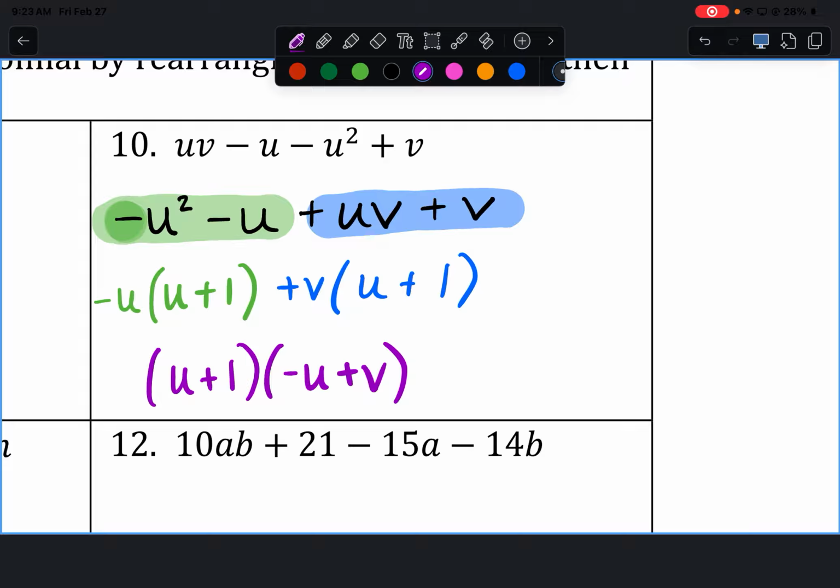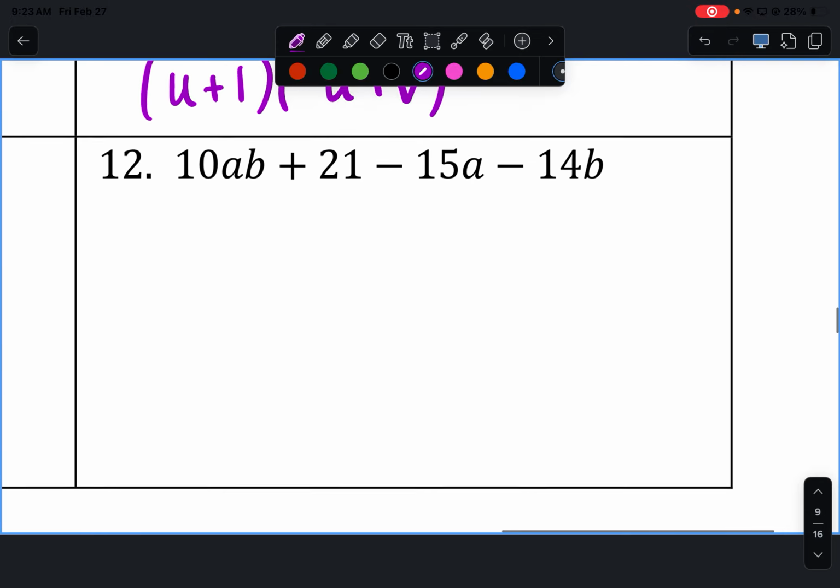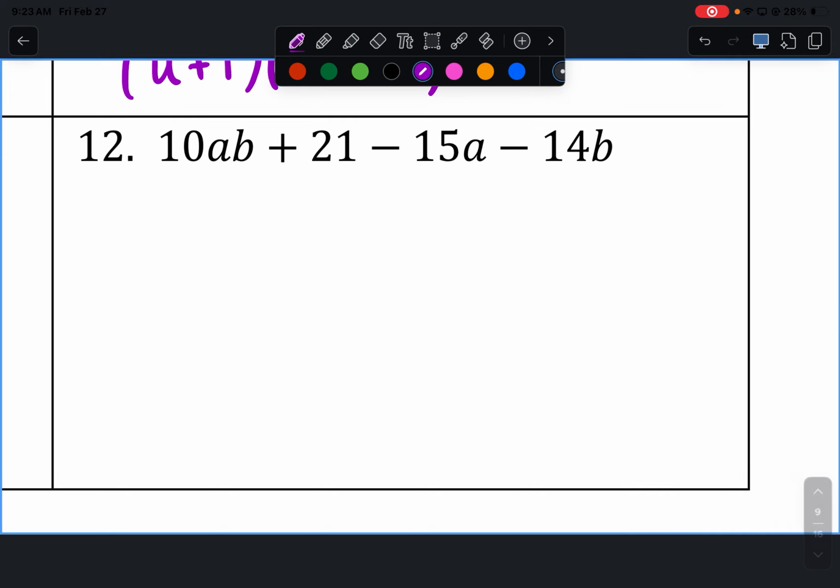Now, we're going to do the same thing for number 12. We're going to start the same way. What needs to go first to put this in standard form? Negative 15a. What term needs to go next? Plus 10ab.